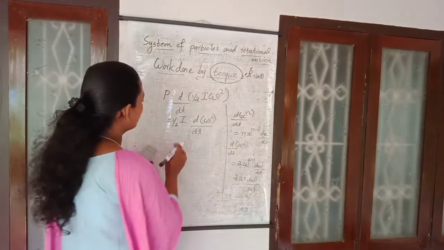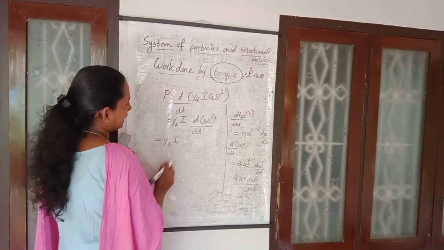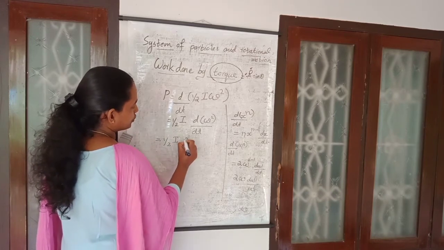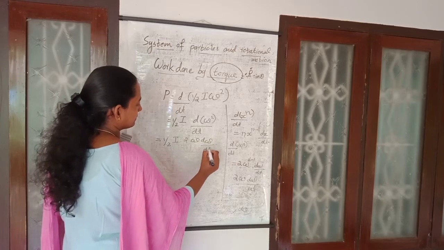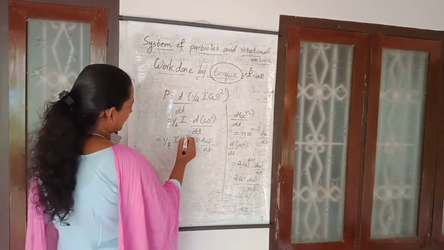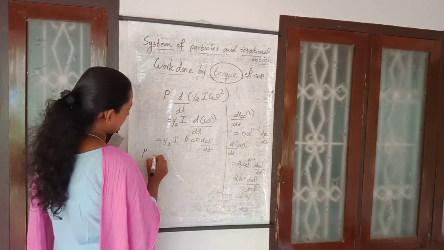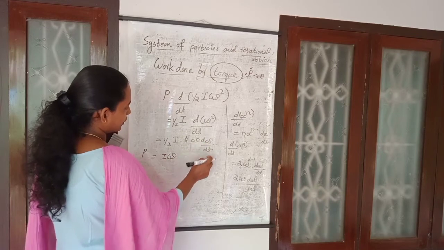Substitute this here. This becomes half I into 2 omega d omega by dt. So 2 and 2 cancel. So power P is equal to I omega d omega by dt. What is d omega by dt?